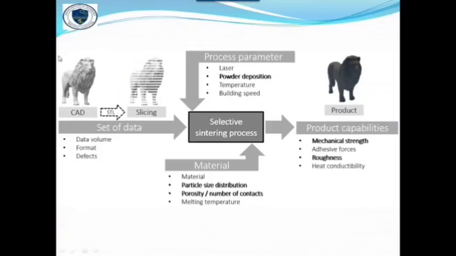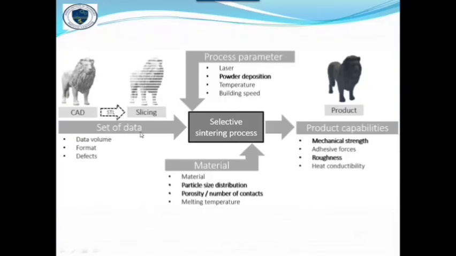So let's begin with this particular model, which is based on a lion, made through CAD software. After that we have to convert this into a slicing procedure using the STL format. So the CAD format is converted to a slicing procedure, meaning layer-by-layer format, through this STL file.